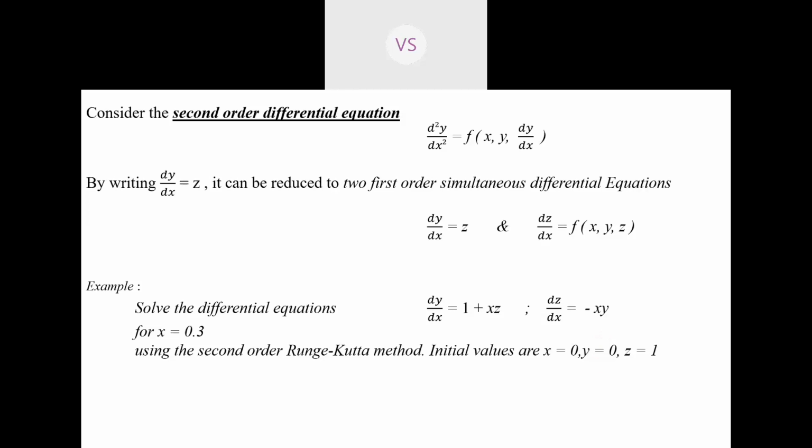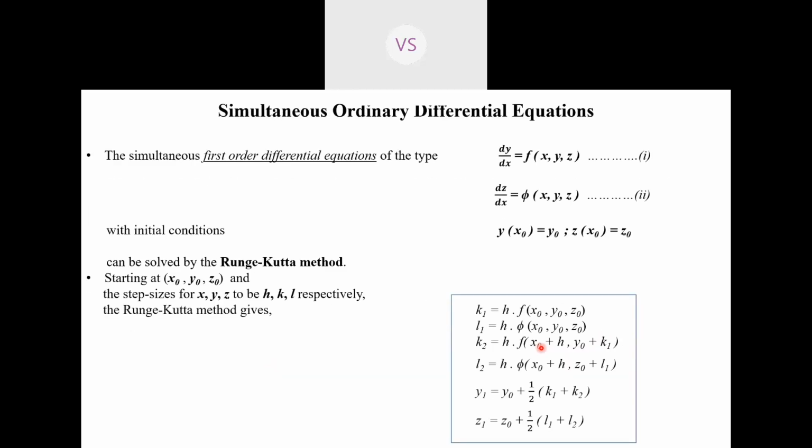So this is a simple example, you can solve it on your own. So this is about the simultaneous ordinary differential equations. So we have finished with the ordinary differential equations. We have seen different methods in it. Now we'll go on to partial differential equations.